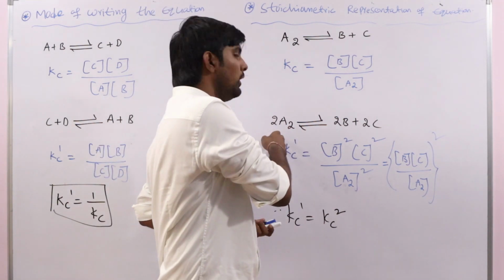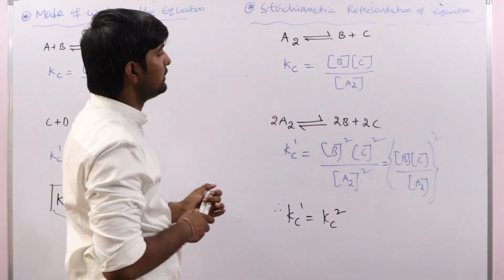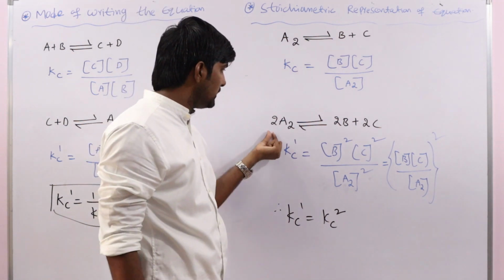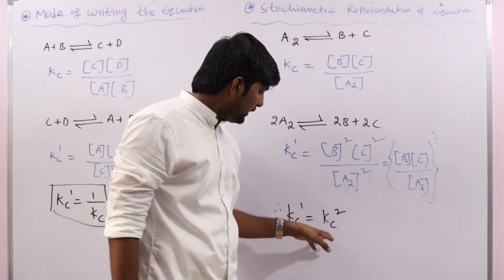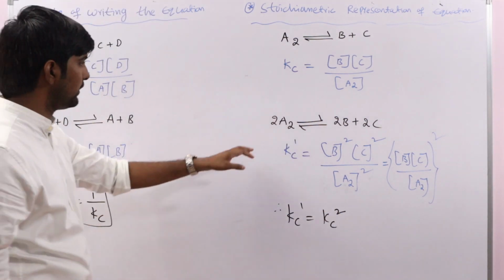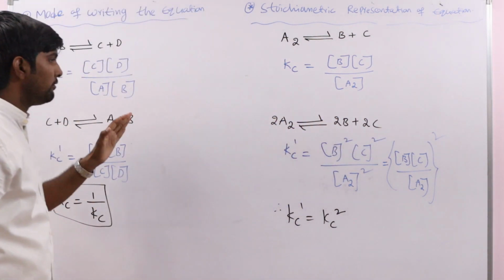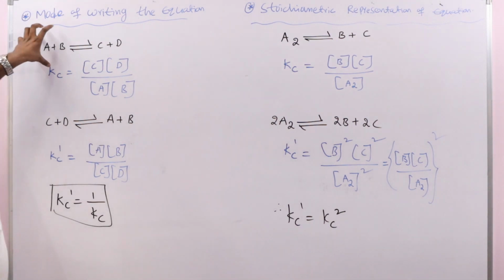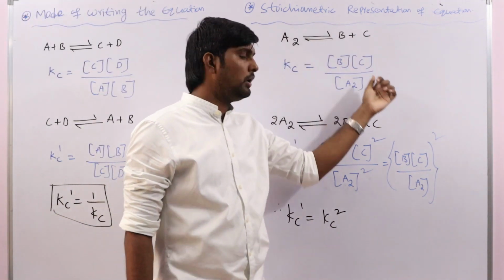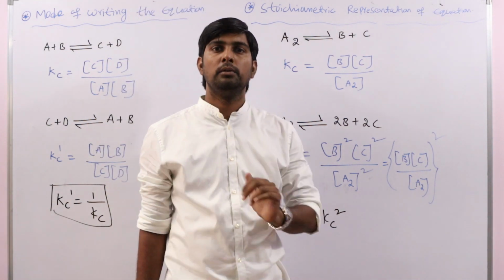For 2 moles of this reactant, no need to do the experiment once again. Take this value, take the number which is multiplied, and simply raise the equilibrium constant to that power, and we get the new equilibrium constant for the new reaction. Clear? So without doing an experiment, by changing the mode of writing the equation, the equilibrium constant changes, and also when the stoichiometric coefficients change, the equilibrium constant value changes.